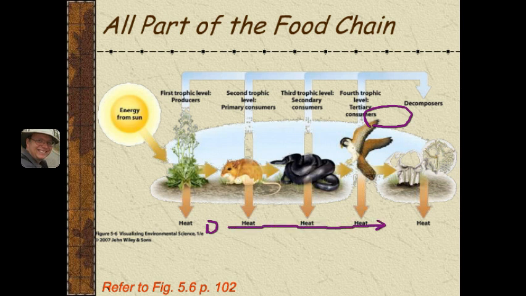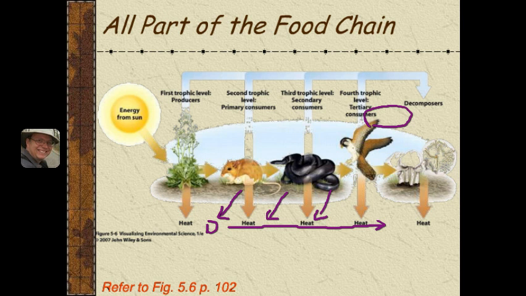They're not just at the end, but they can be dealing with mice and snakes and hawks. All of these things are going to eventually be dealt with by our friends, the decomposers. Okay, so they represent their own separate part of the system. And we're going to look a little bit more at the decomposers in just a second.